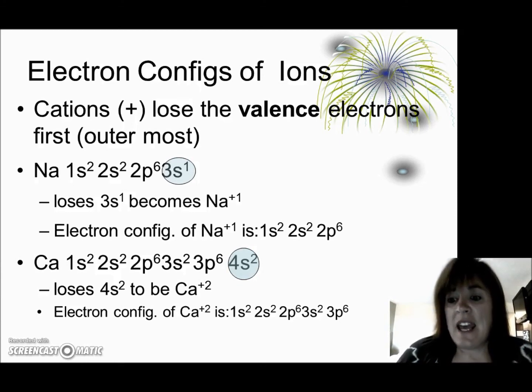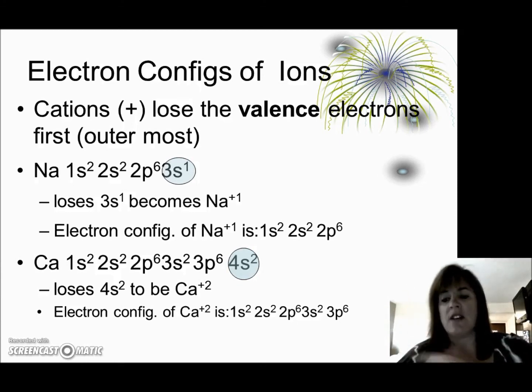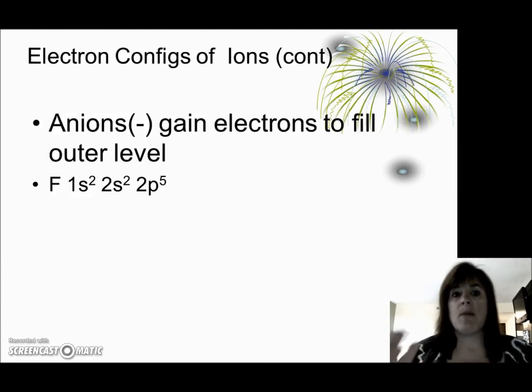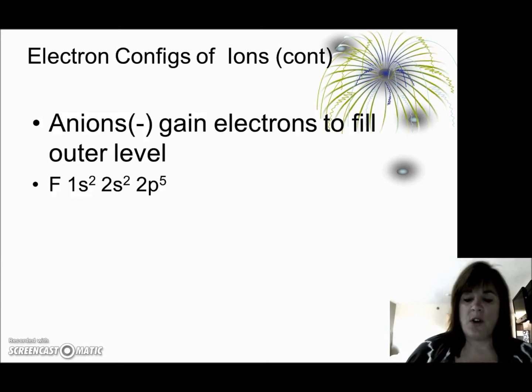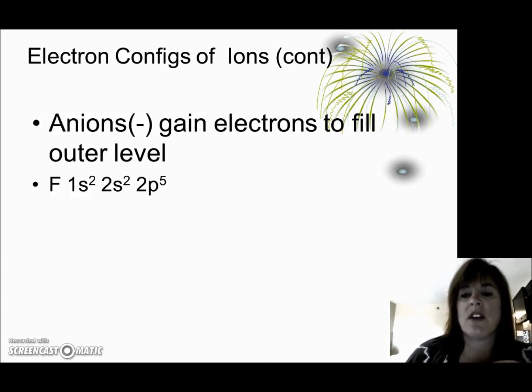Let's look at anions, the ones that are negative: -3, -2, -1. An anion, remember, is a negatively charged ion, and it gains electrons. So I have this for fluorine. Its electron configuration was 1s2, 2s2, 2p5.